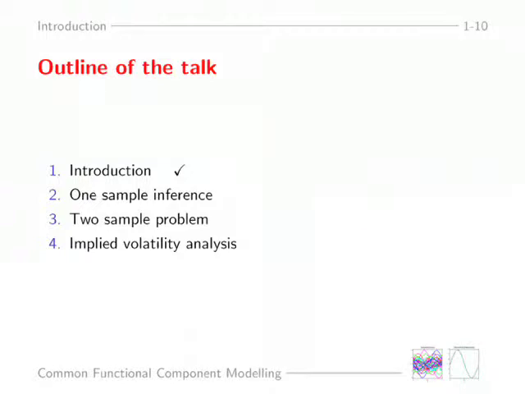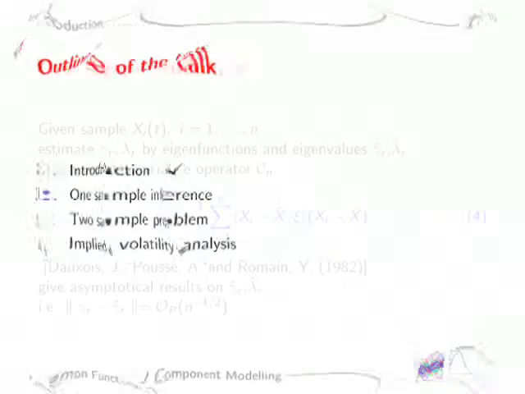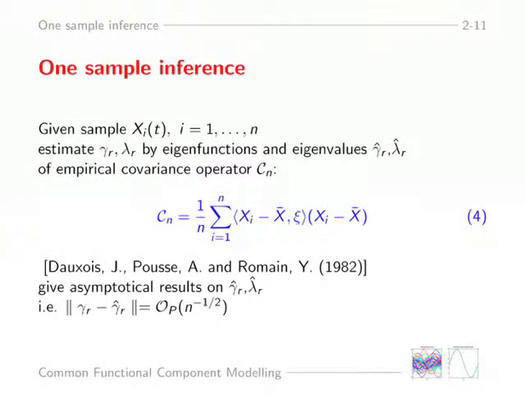So, okay, so what can be done? Of course, this is something like an inference problem. In this case, we want to test different hypotheses concerning these principal components, eigenvalues, and so on. And of course you have to estimate these things from data.